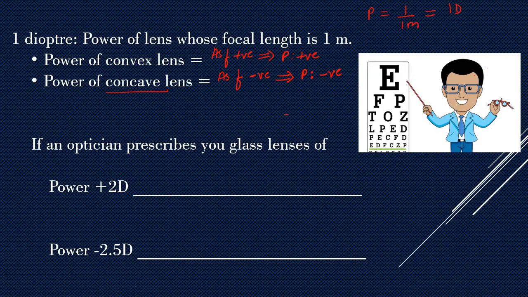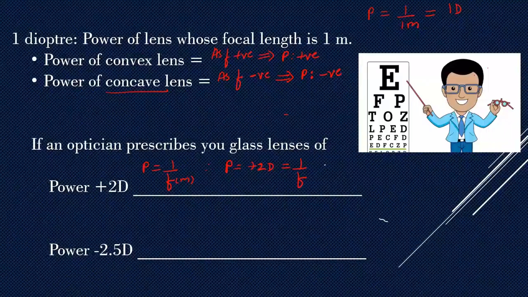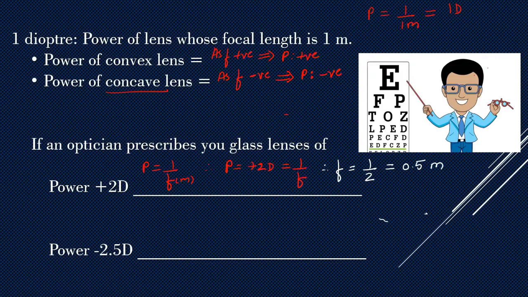We know P is equal to 1 upon f, with f in meters. My power is plus 2D, so P is equal to plus 2D, which is equal to 1 upon f. Therefore, the focal length will be 1 upon 2, which is equal to plus 0.5 meters.